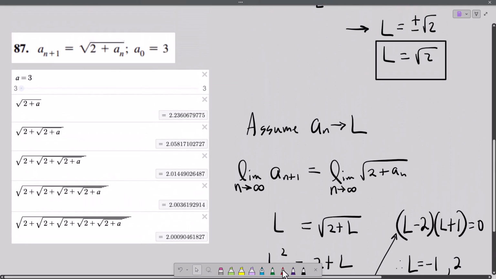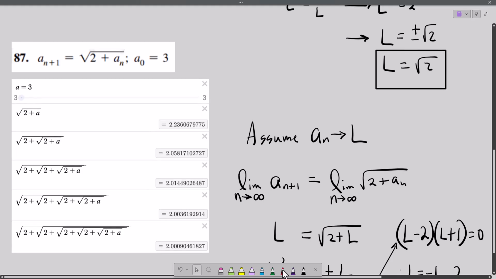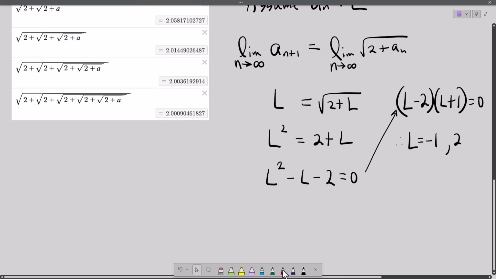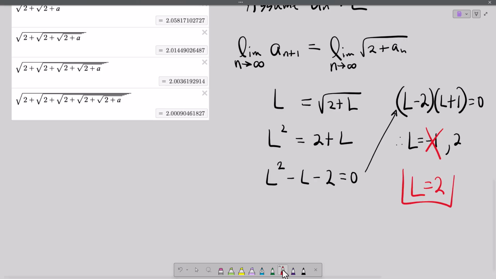When we look at this, positive square root's positive. So that negative number is extraneous. So that tells us that the limit is 2. That tells us that this recursive sequence has a limit value of 2.